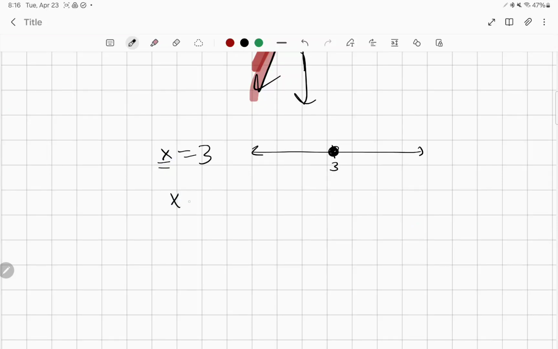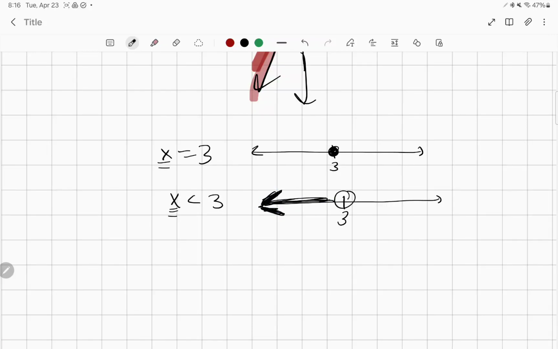So if we're looking at when x is less than 3, this less than sign means it's an open circle at 3. The inequality states what values are less than 3. That's all of the values smaller, or on a number line, to the left of 3.